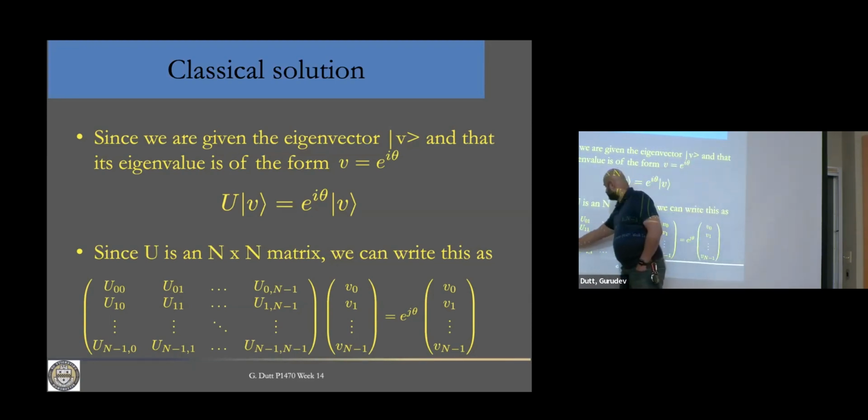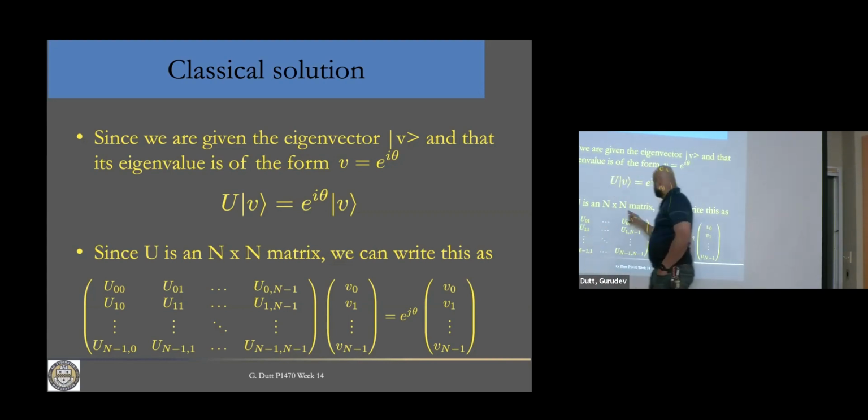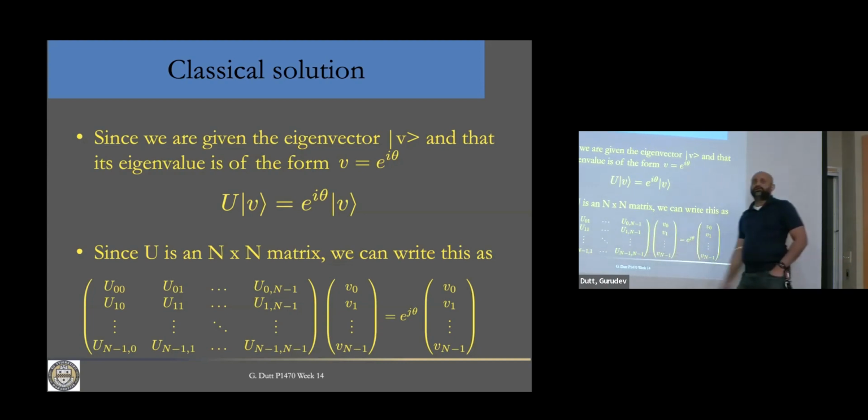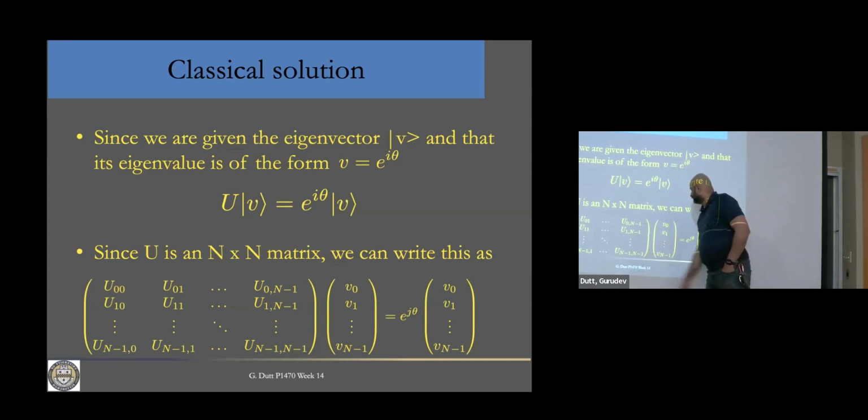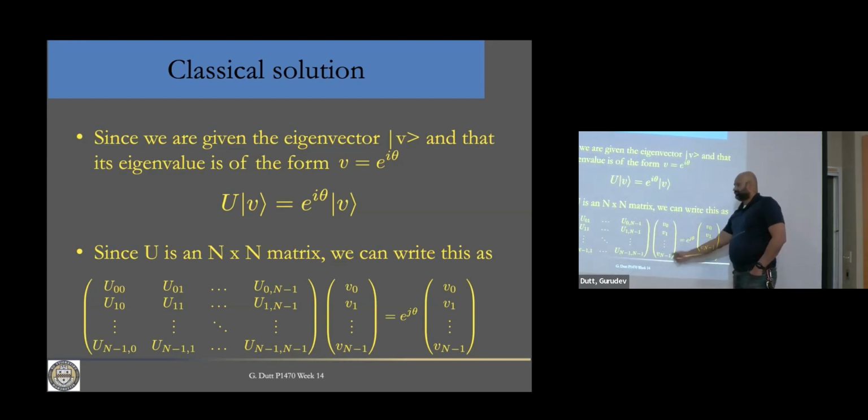All the elements in the first column vector, second column vector, up to the n minus 1 column vector, are over here, times the eigenvector, right?